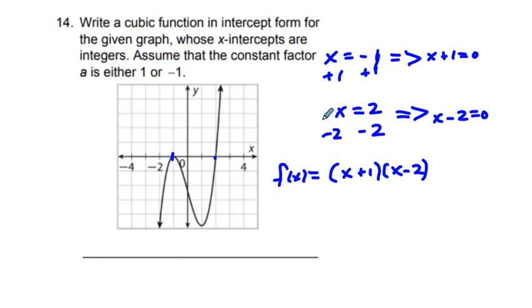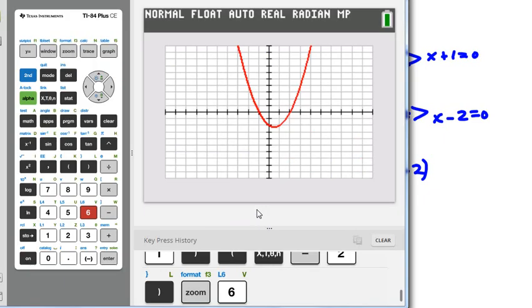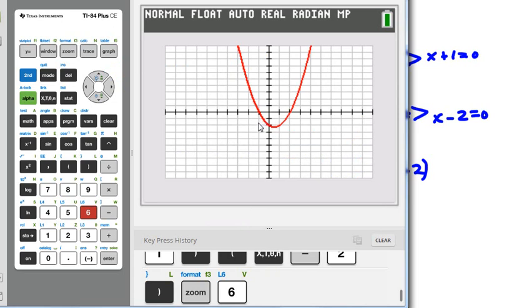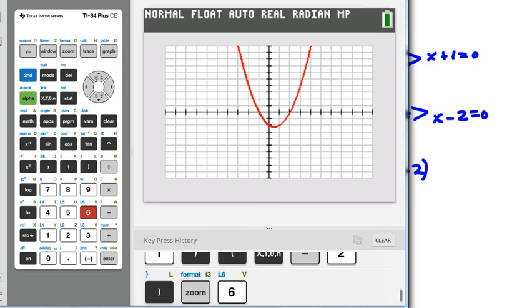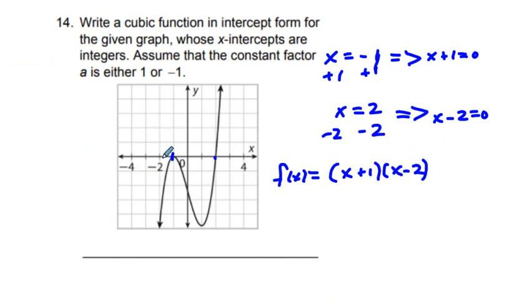The right side looks close, it's coming right here. But on the left side, we should be starting low. What's going to happen is this zero here, where x equals -1, has to have a multiplicity of 2, because we're just touching the x-axis and bouncing off.